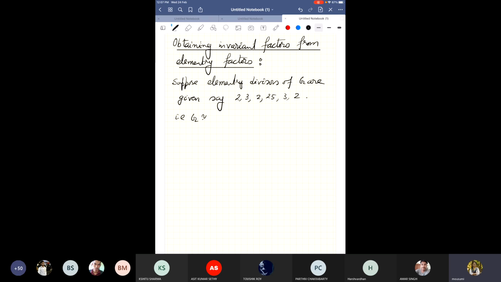That means your G is isomorphic with Z2 cross Z3 cross Z2 cross Z25 cross Z3 cross Z2.